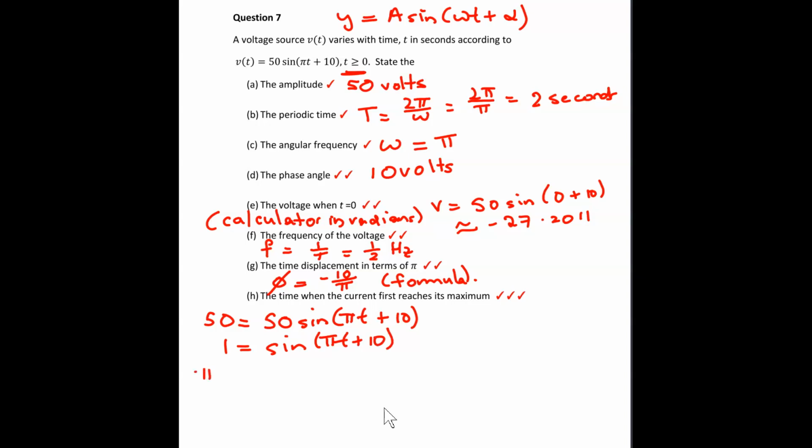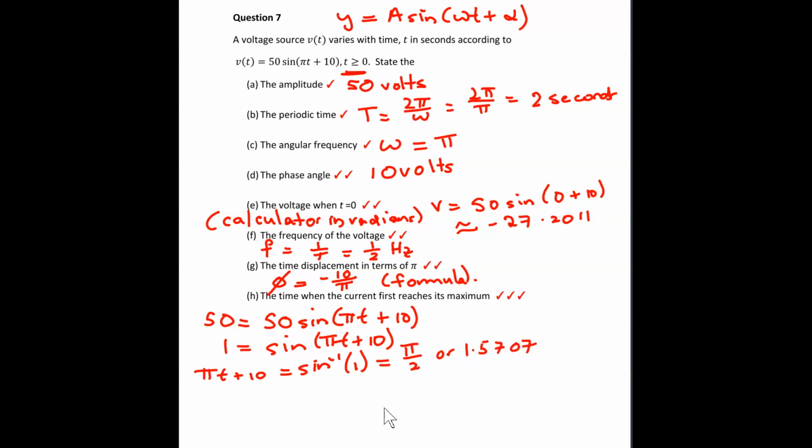You could say the inverse sine of sine pi t is just pi t plus 10 is equal to sine inverse of 1, and sine inverse of 1 is going to be either pi by 2, or you could do it in decimals depending on what you feel like.